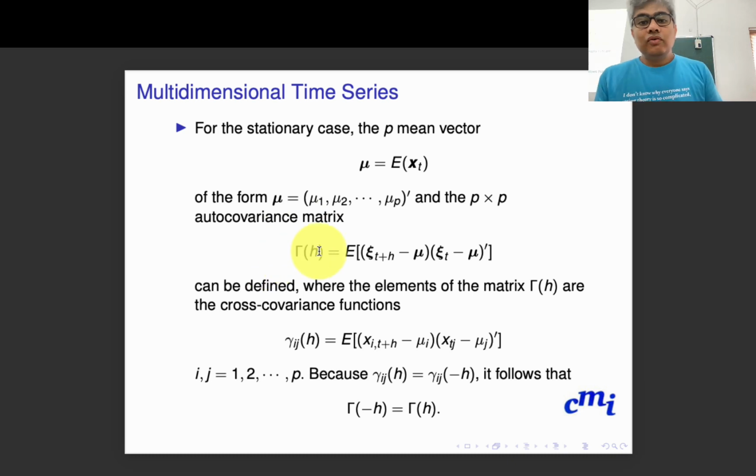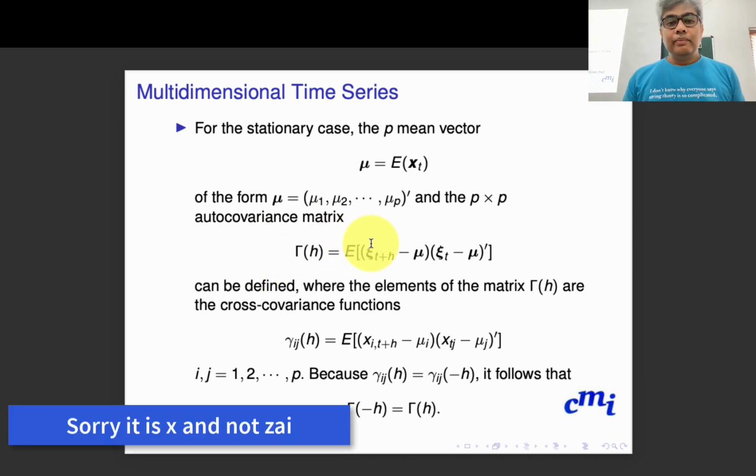It should be x, not xi, I will correct it. It is the expectation of Xt plus h minus mu times Xt minus mu transpose.